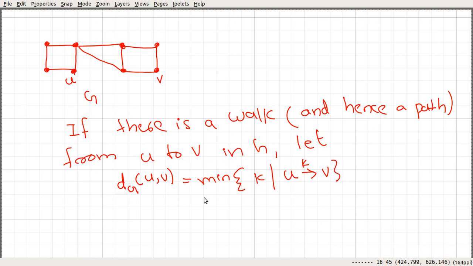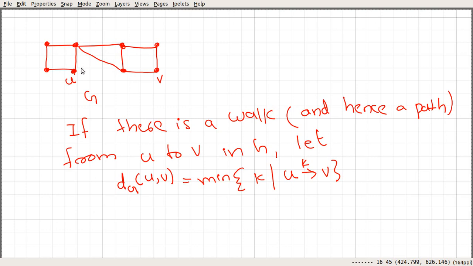The length of that walk is going to be the distance between U and V. You consider all possible walks between U and V and take the walk that has the minimum length.